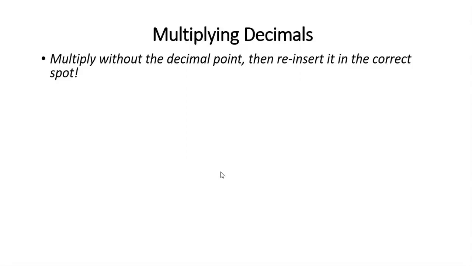Now you guys have to sit down very well and listen to this video to be able to do what? Multiplication of decimal numbers. So you can see it says here: multiply without the decimal point, then reinsert it in the correct spot.